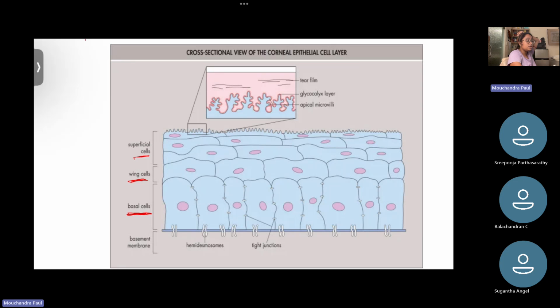The topmost superficial cells have structures called glycocalyx and microvilli. These glycocalyx and microvilli structures are directly intertwined with the tear film. The tear film is a very, very thin layer that helps in hydrating the eye, basically. Because of the microvilli and glycocalyx layer, the superficial cells are tightly in contact with the tear film.